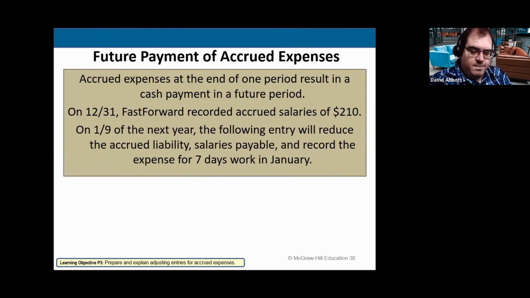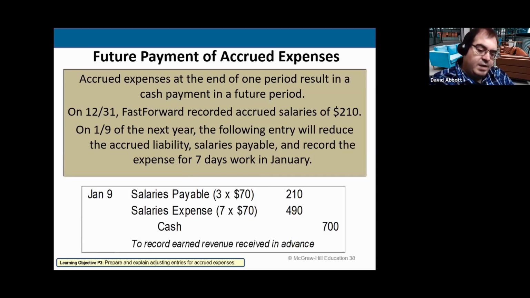Now, January the 9th would then be the first payday of the next period. The following entry settles the accrued liability, the salaries payable, and records salary expense for 7 days worth of work in January. The $210 debit reflects the payment of the liability for the 3 days salary that was accrued on December the 31st.